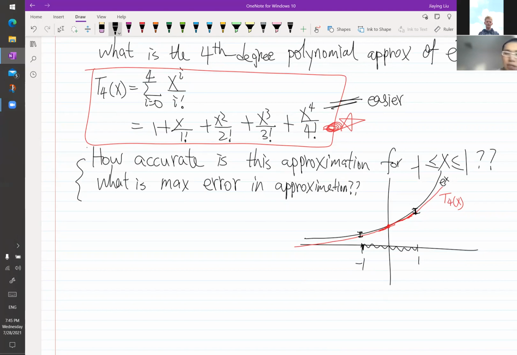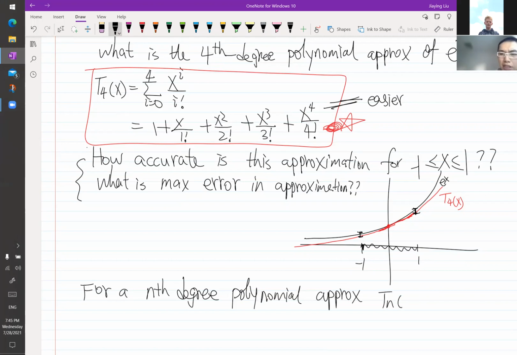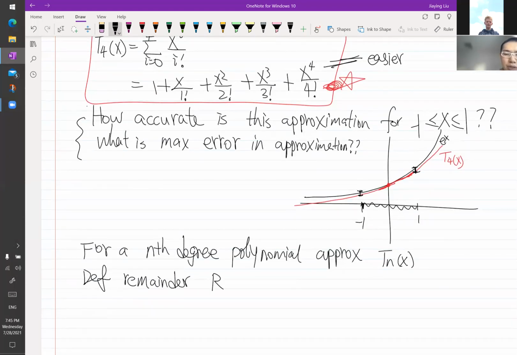So the next definition: for an nth degree polynomial approximation, T_n(x), we define the remainder as R, using the notation R sub n of x, and R sub n of x is equal to the function f of x minus the nth degree polynomial.